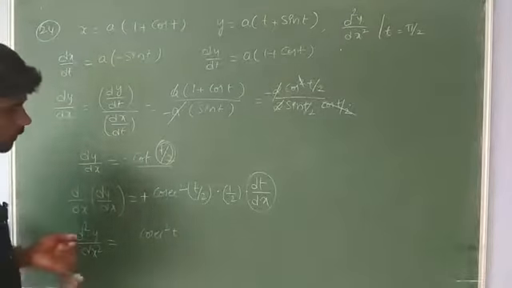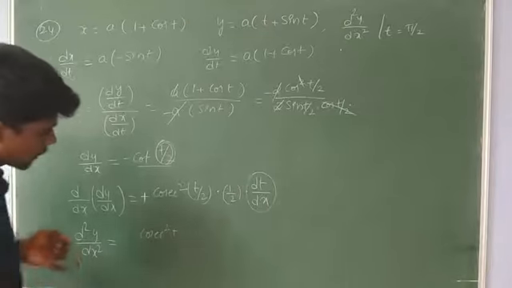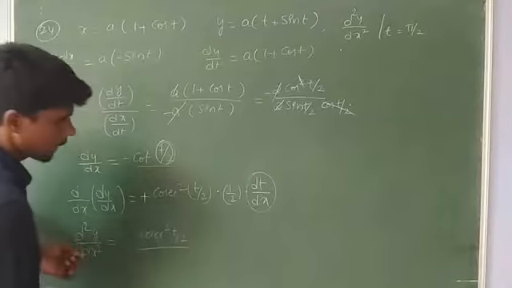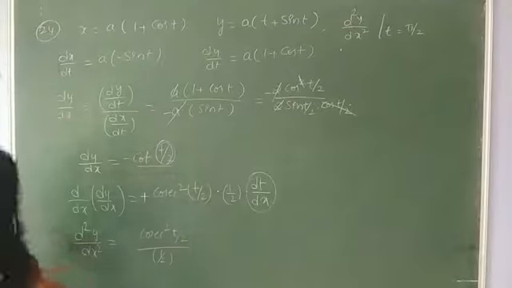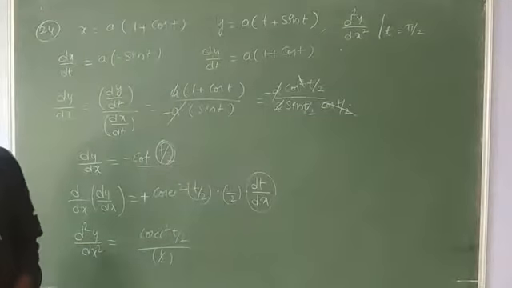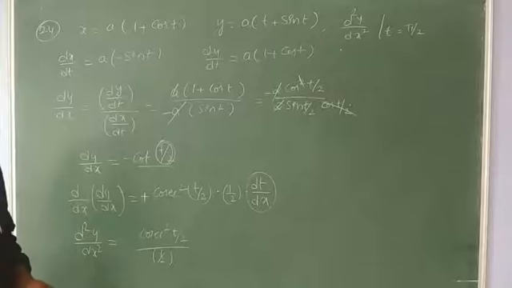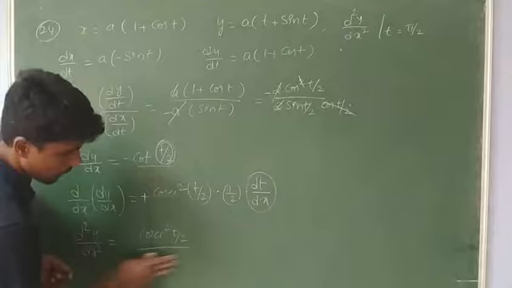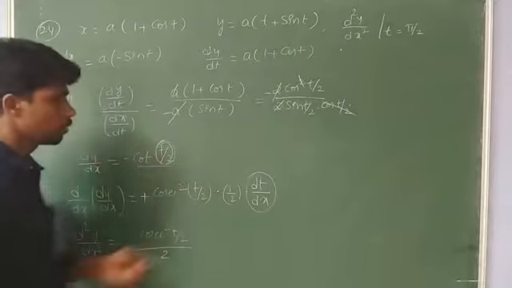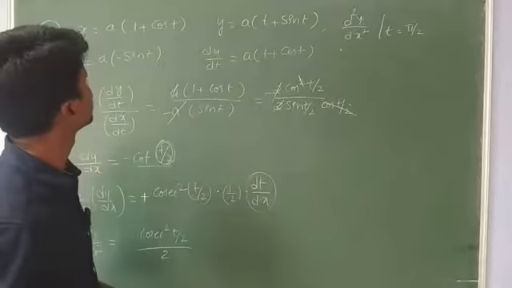So cosecant square t by 2 into 1 by 2 into dt by dx.